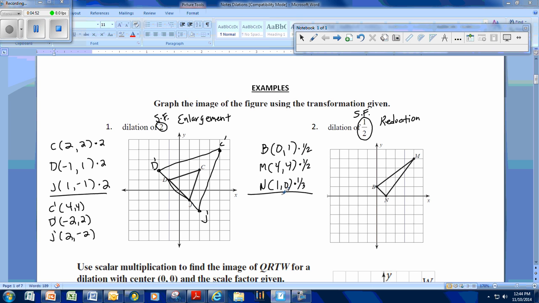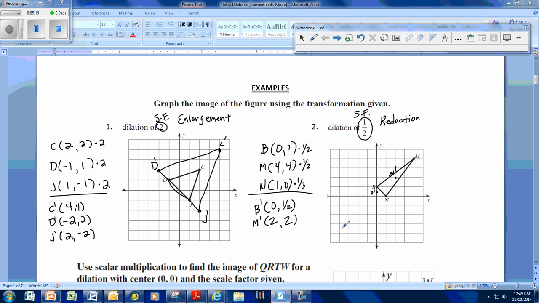All right? So our new B, 0 stays as 0. 1 times half is half. So 0, half would be right there. That's B prime. M prime: 4 divided by 2 is 2, and again 4 divided by 2 is 2. So M prime is 2, 2, which is right there.